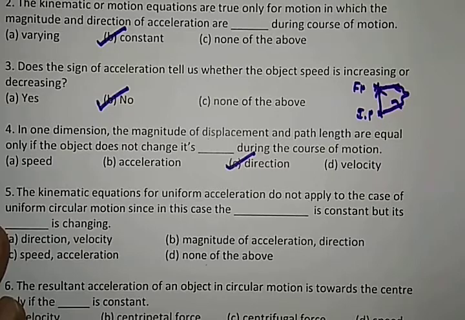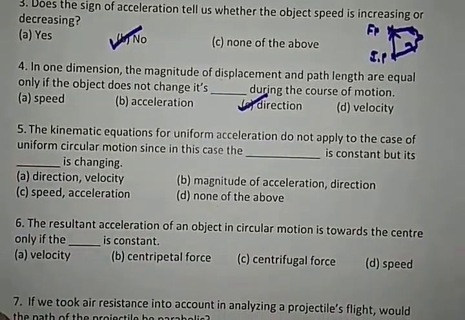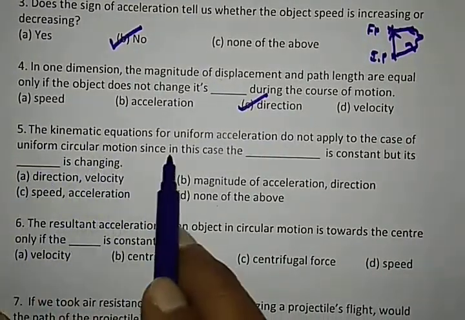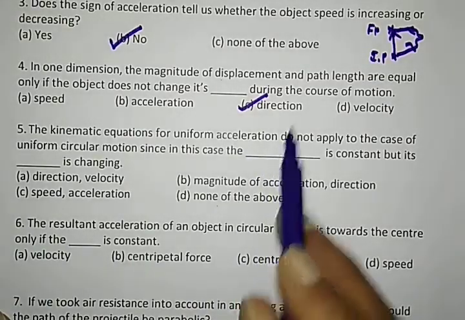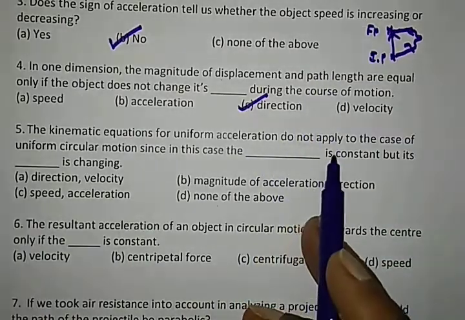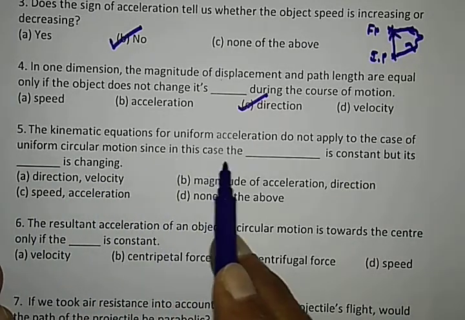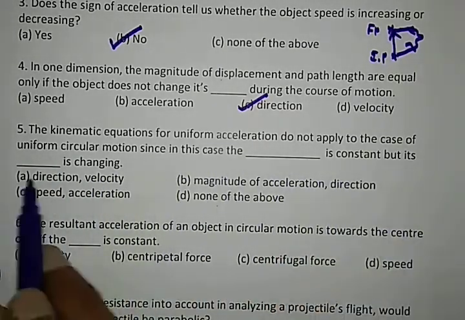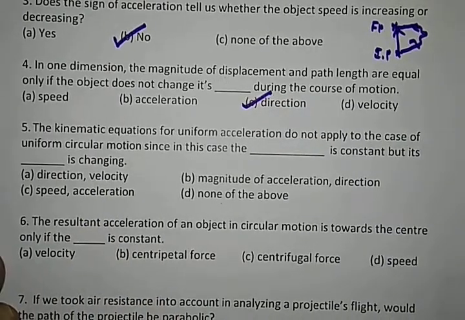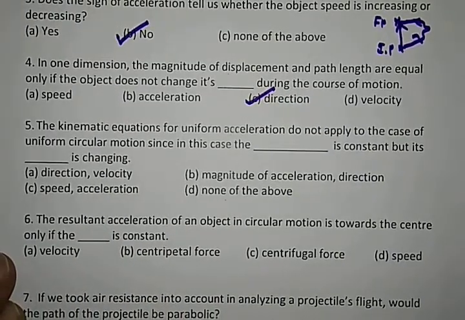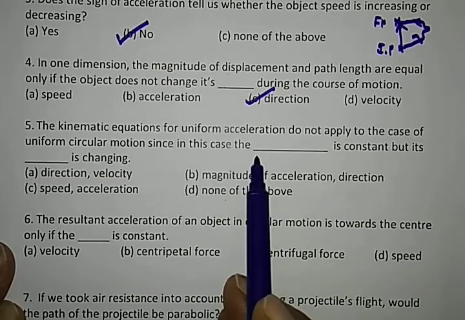Fifth one: the kinematic equations for uniform acceleration, that is what we discussed earlier, do not apply to the case of uniform circular motion, since in this case the dash is constant but its dash is changing. Everything should be constant, but here acceleration is changing. Why is it changing in circular motion?